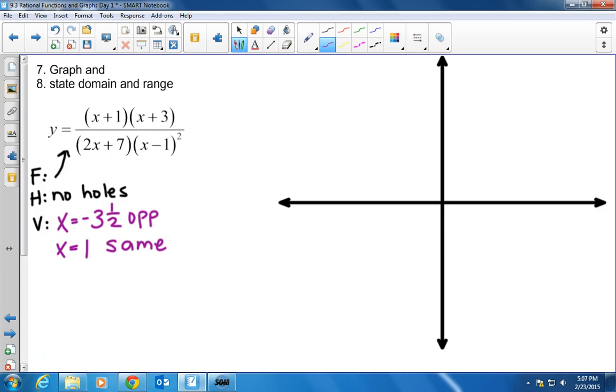The next thing that we had was the horizontal asymptote, and the horizontal asymptote was just the x-axis, which is y equals 0. Then we had our zeros, and for our zeros we had negative 1, 0 with straight behavior, and we also had negative 3, 0 with straight behavior.